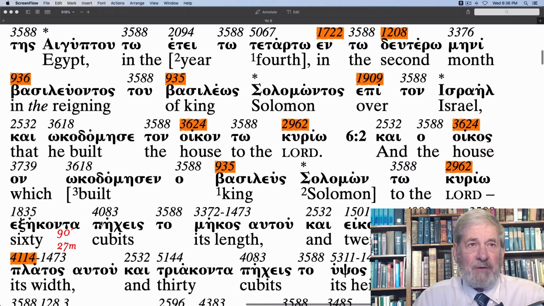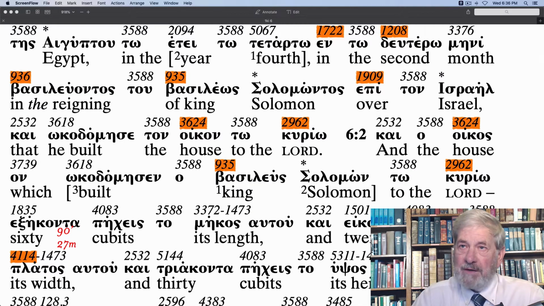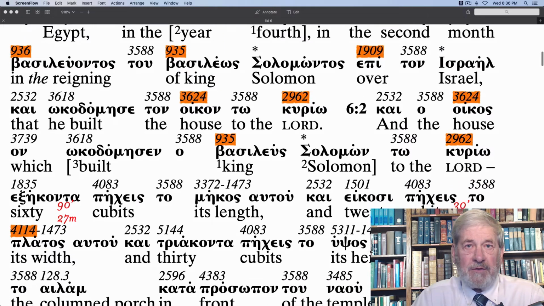So the house, it was 60 cubits in length. Now, that's 90 feet long and 27 meters. And it was 20 cubits its width. It's 30 feet wide. So it wasn't real big as far as buildings go.